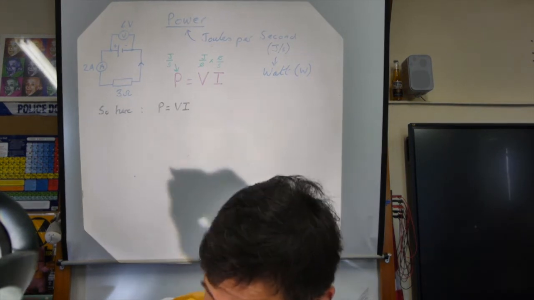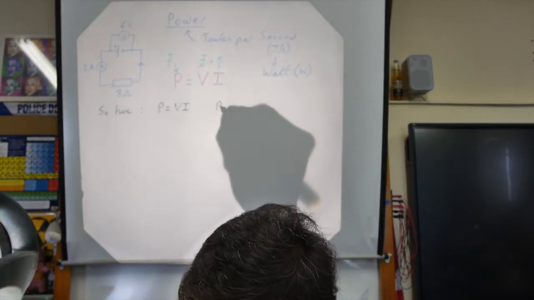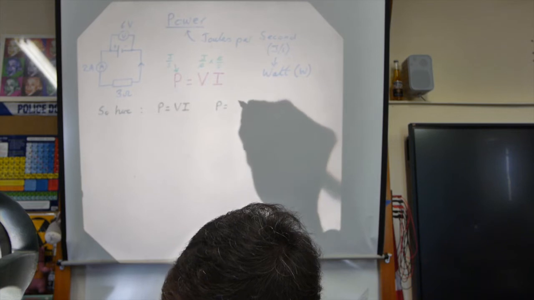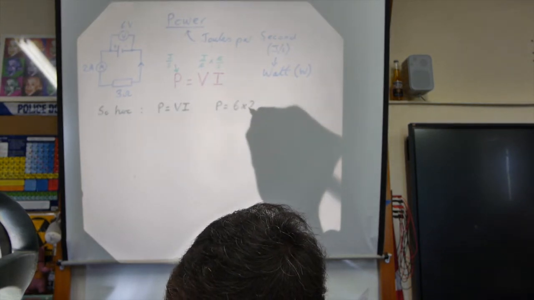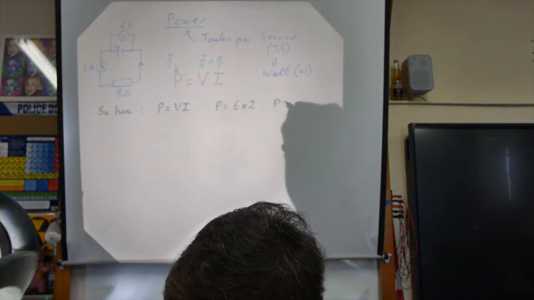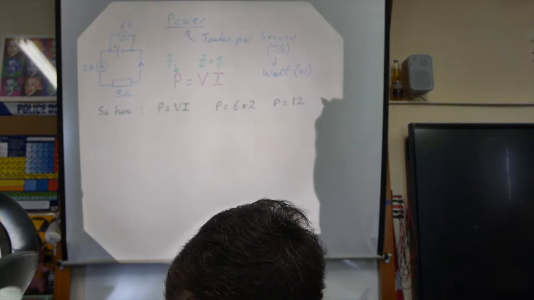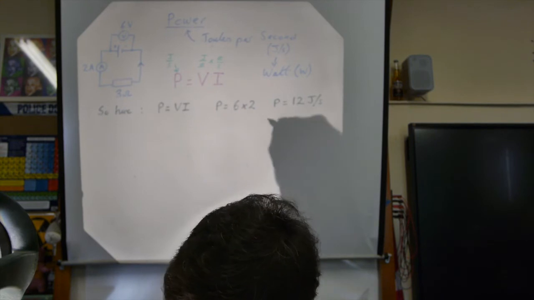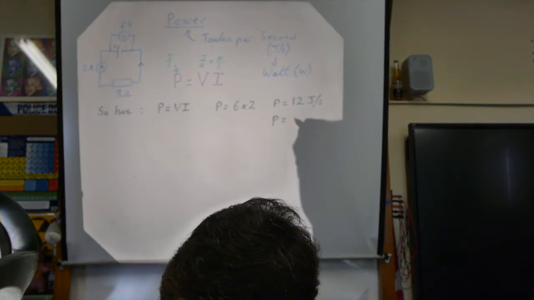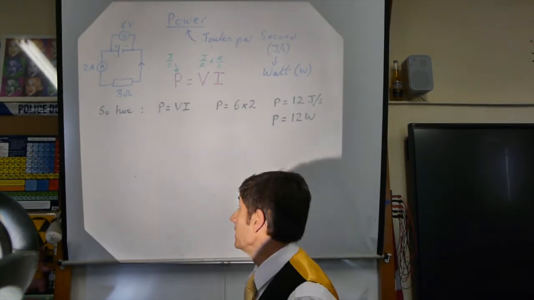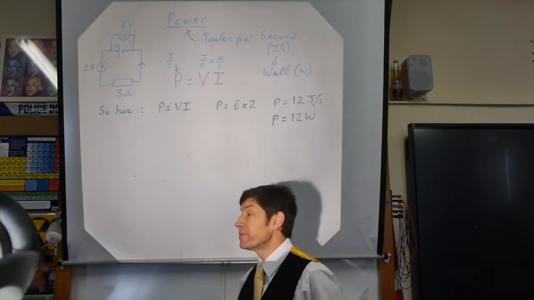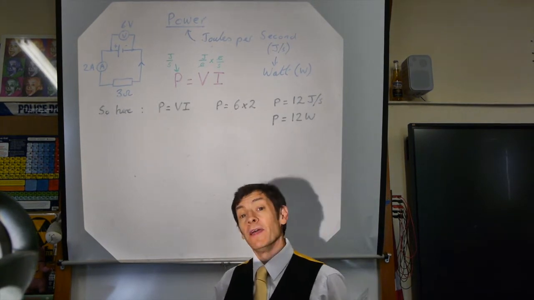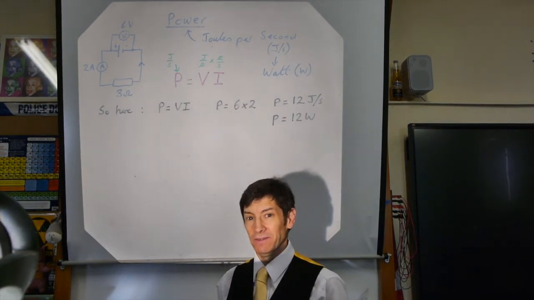So we've got the power is 6 volts times by 2 amps. So the power is 12 joules per second, or if you prefer, you can write the power is 12 watts. So there's another little formula, and it allows you to calculate the power in an electric circuit.